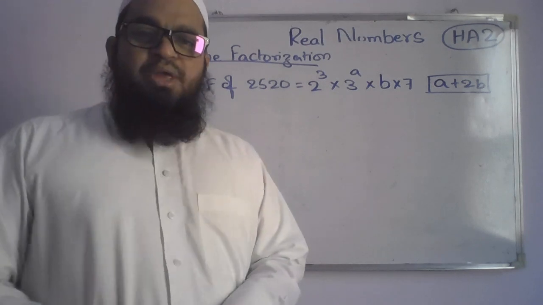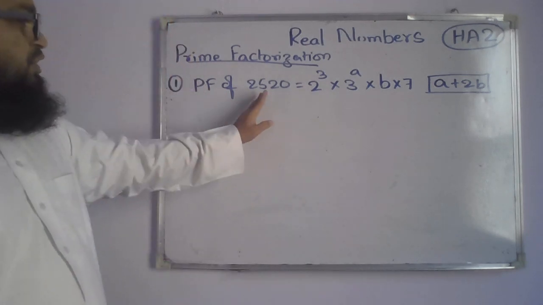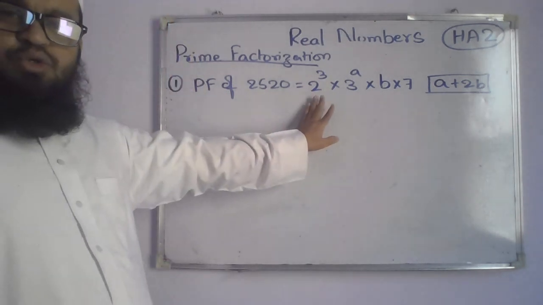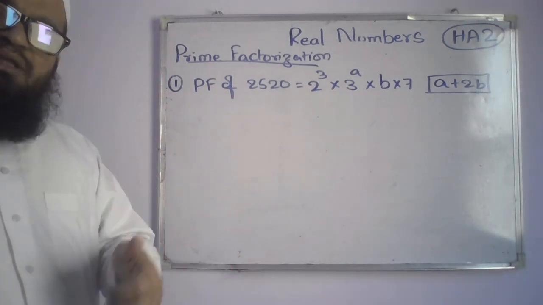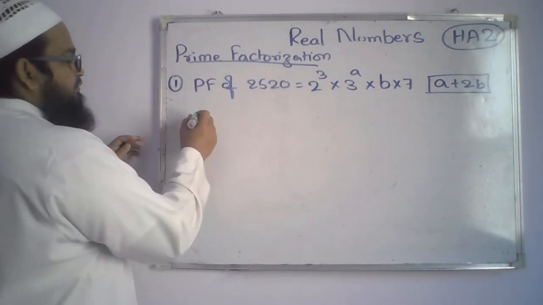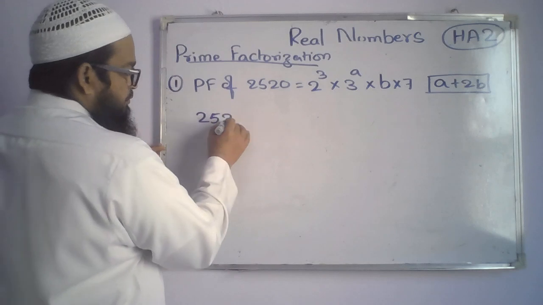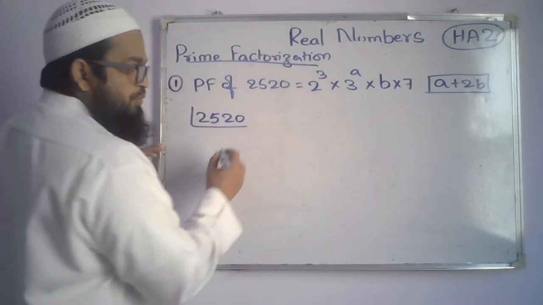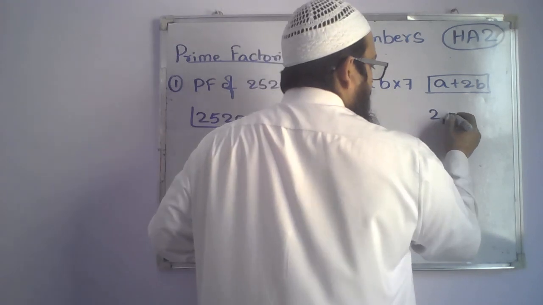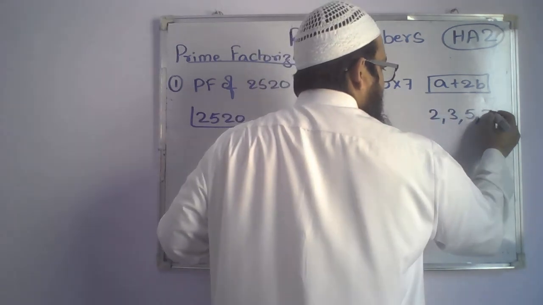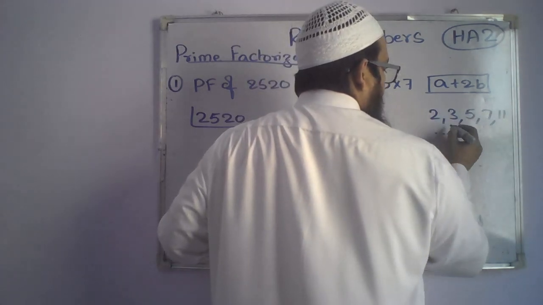Now let us see. So first, check the prime factorization of 2520. I hope you remember prime numbers, right? Shall I write prime numbers? 2, 3, 5, 7, 11, and so on.